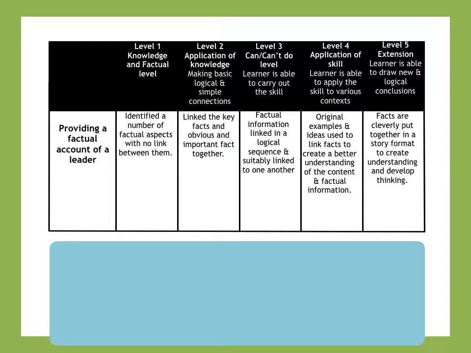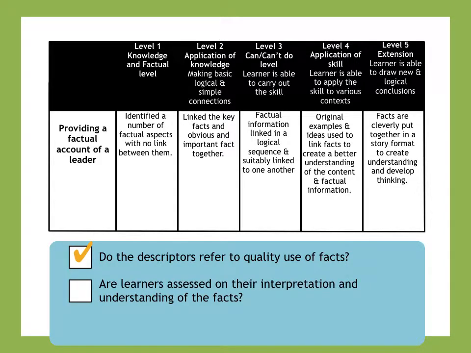So there are 3 key questions that you should always ask yourself once putting the descriptors together or designing the descriptors. The first is, do the descriptors refer to the quality of the facts? And in this case, yes, they do. Are learners assessed on their interpretation and understanding of the facts?